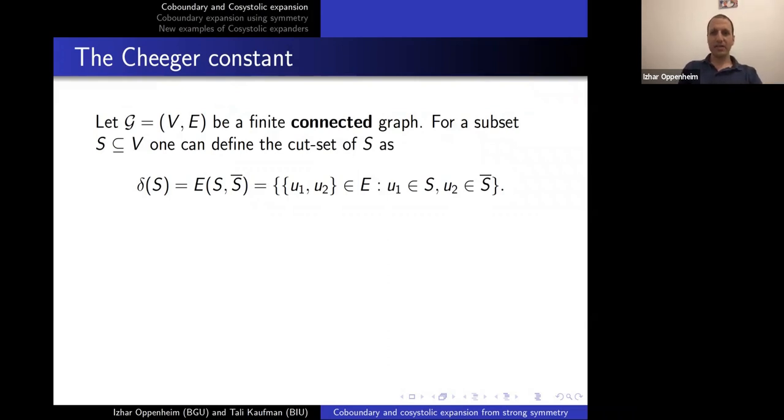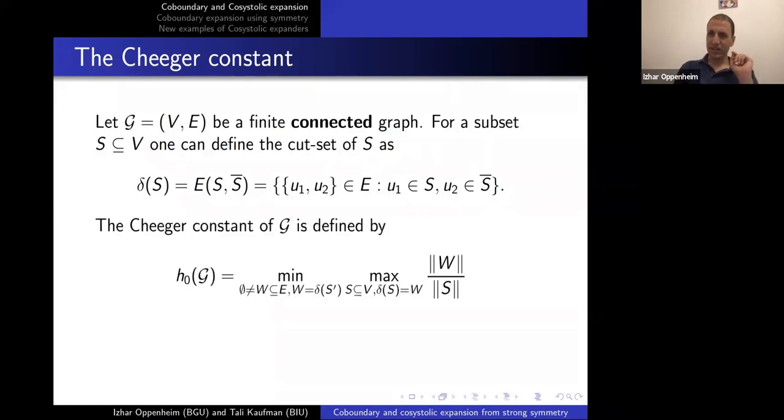A finite connected graph, I want to define the Cheeger constant. For a subset of vertices S, I define the cut set of S to be all the edges with one vertex in S and one vertex in the complement of S. And let me define the Cheeger constant in a slightly non-orthodox way.